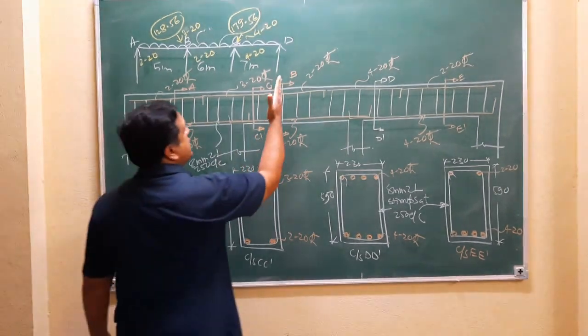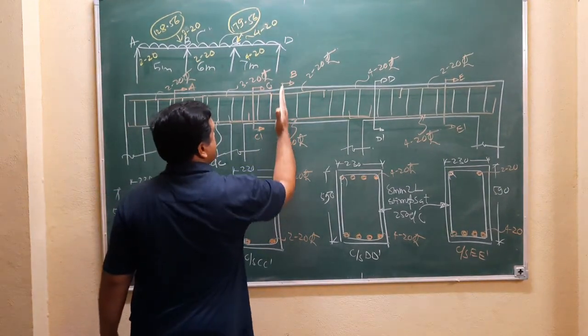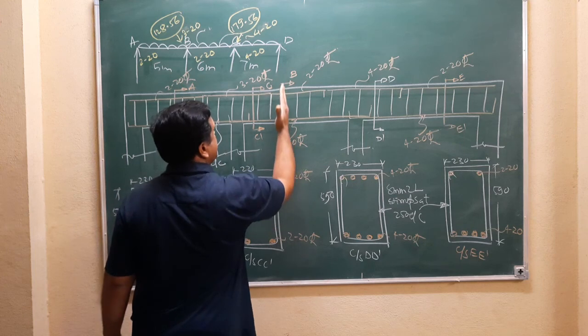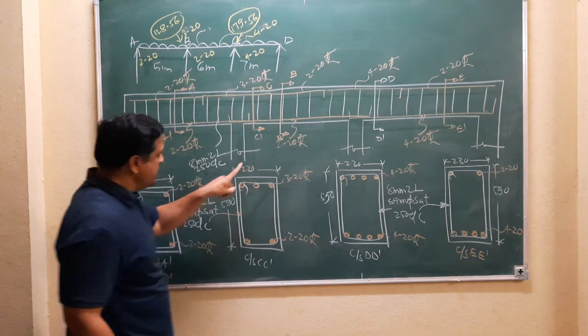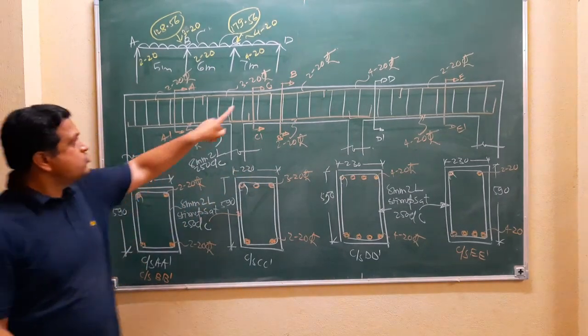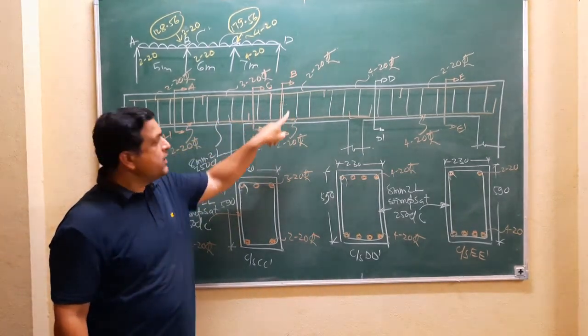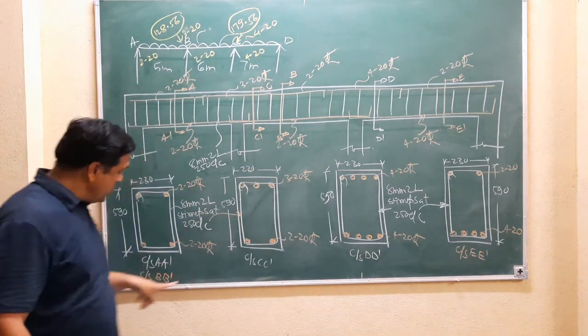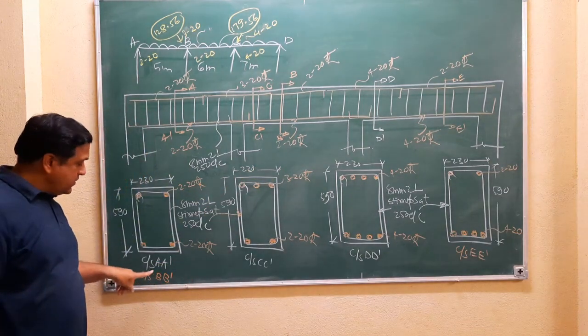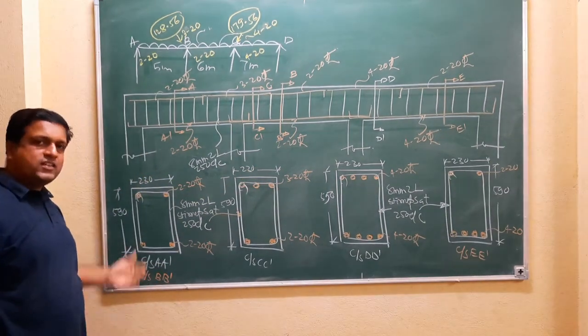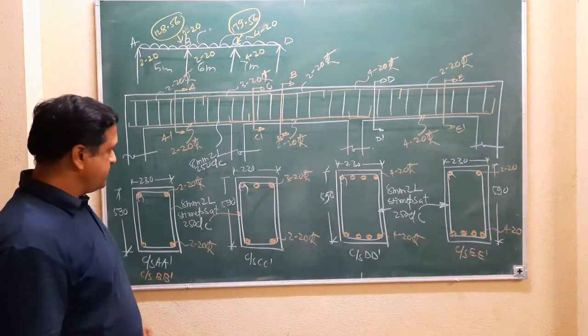If you cut the beam at interior span BC, mid span of BC, the section is same. That means 2 bars of 20 mm at top, 2 bars of 20 mm at bottom. So like this you have to write down section AA dash and section BB dash having the same picture.